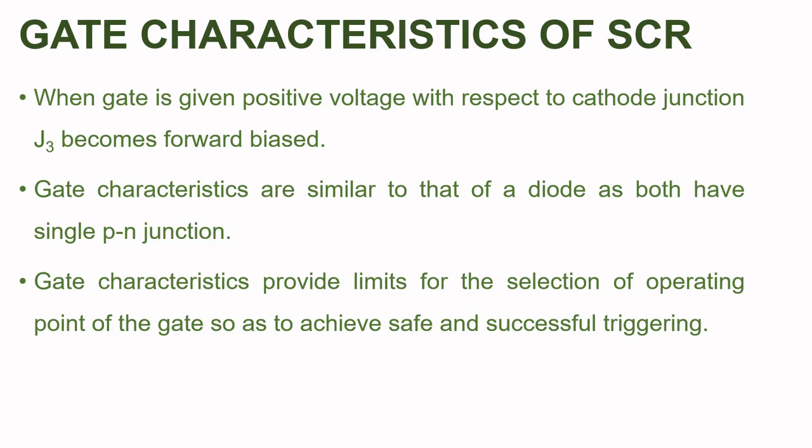This information includes the voltage level of the signal, current level of the signal, and shape of the signal. In other words, gate characteristics provide us the limits for the selection of the operating point of the gate so as to achieve safe and successful triggering.